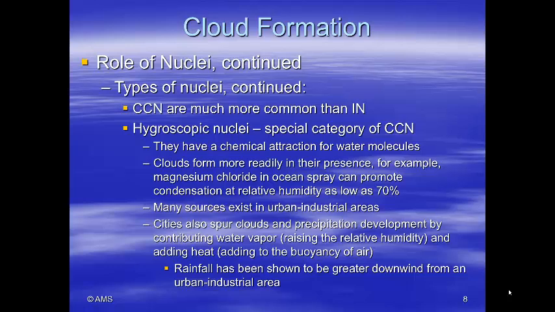If we want clouds to form, what we need is warm, moist air, or at the very least, moist air, to be brought up into the atmosphere. So it has to become buoyant and rise up through the atmosphere. So we see rainfall has been shown to be greater downwind from an urban industrial area, a city.